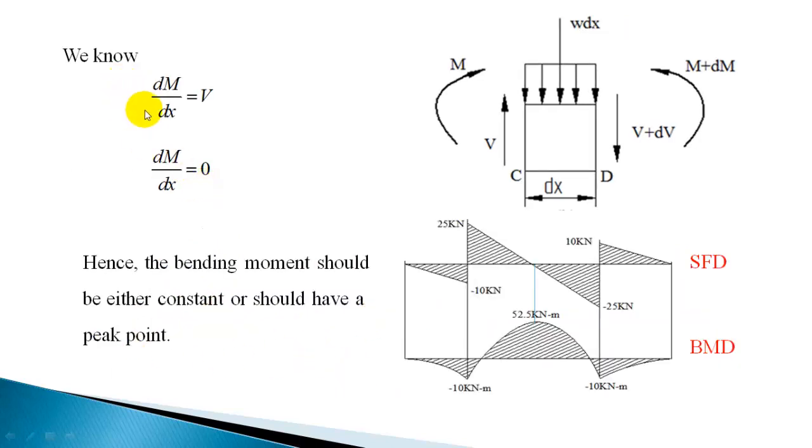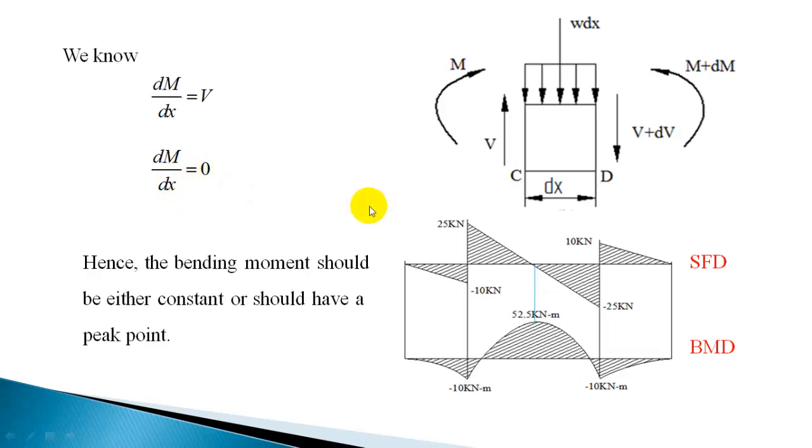We have another relation, dm by dx is equal to V. Rate of change of bending moment is equal to shear force. Now, when shear force is 0 at any particular point, you get dm by dx is equal to 0. So that means the rate of change of bending moment is equal to 0.